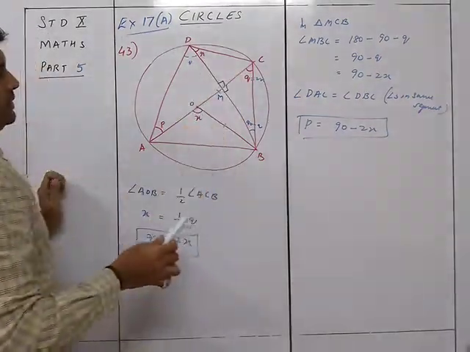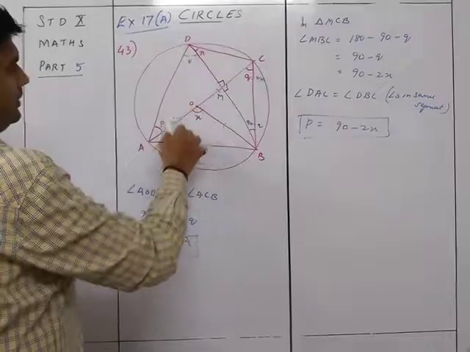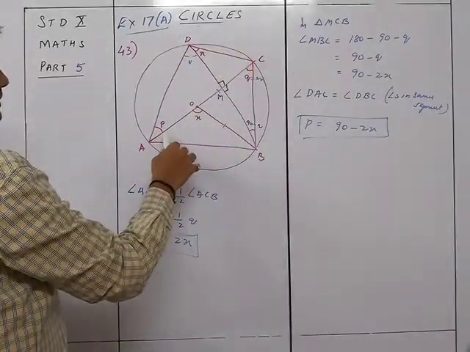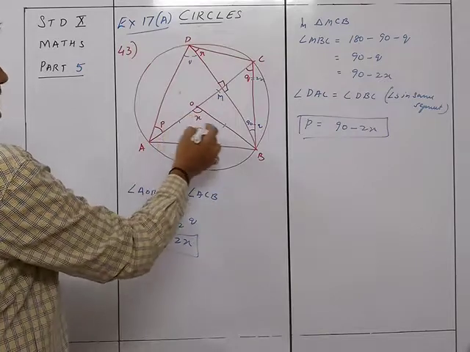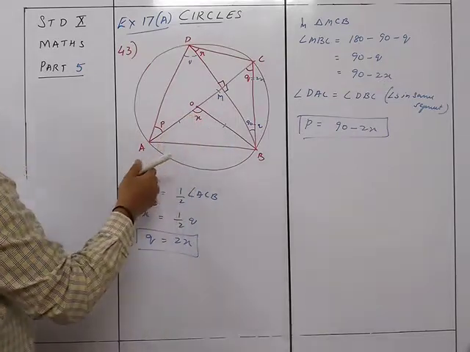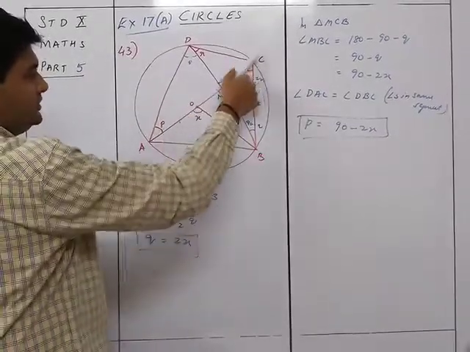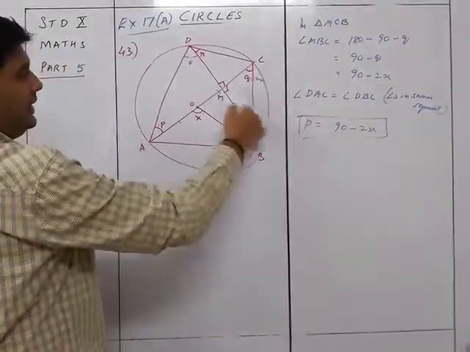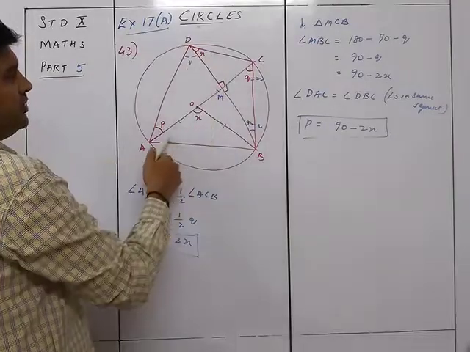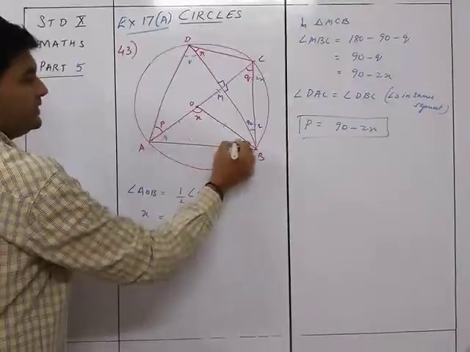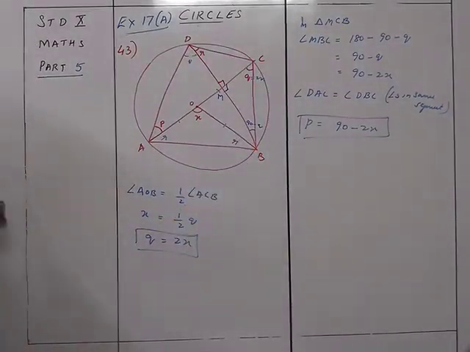Okay, now R, this is 90. What else do we know? We know that these two are equal. This is x, so this two. Now this angle over here and this r. If this is r, this will also be r, and this will also be r. Why?